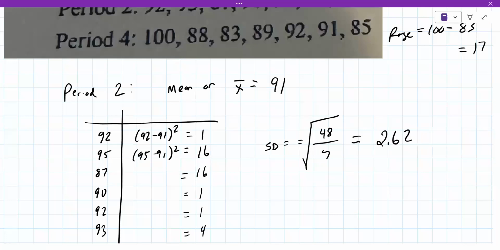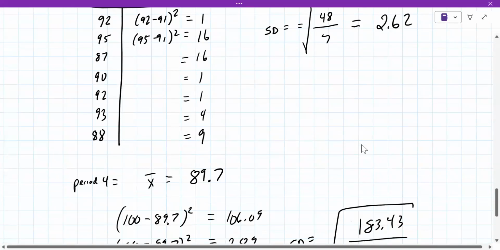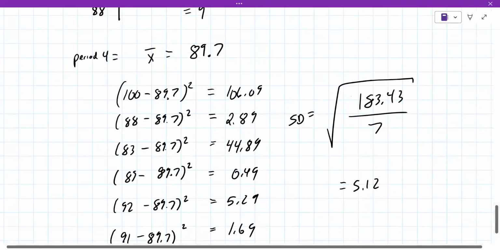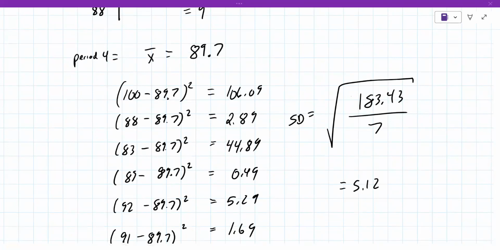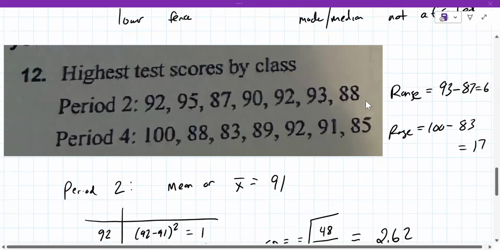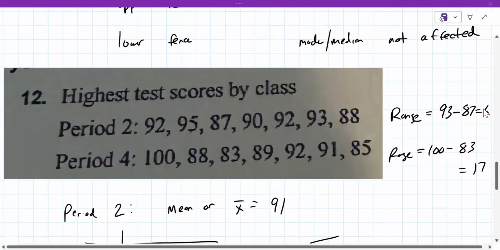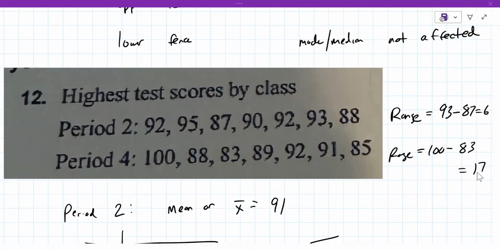Okay, so you can see that 2.62 is much smaller than 5.12. They are asking you a question if it says to compare your results. And we already knew that: range is much smaller for period 2, therefore it's got a smaller standard deviation. Same with the range, larger standard deviation.